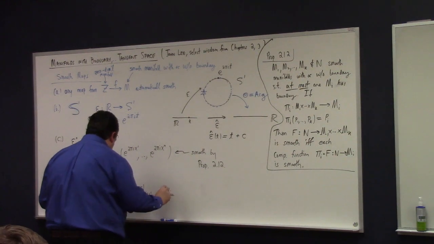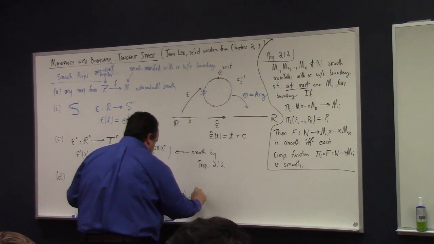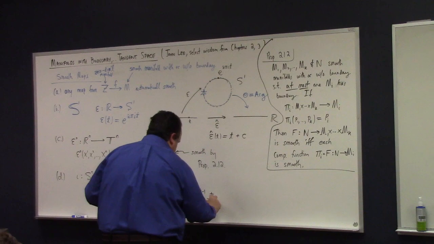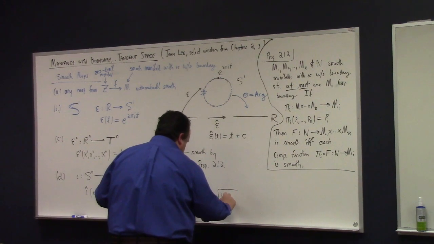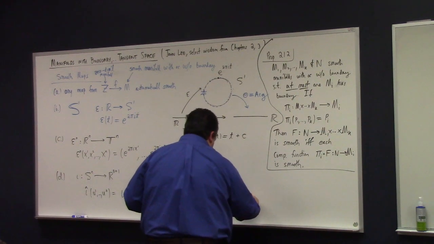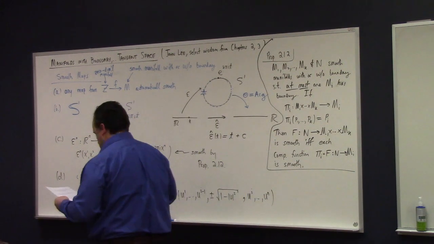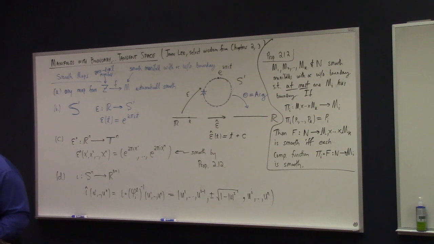So that is just equal to u1, through u(i-1), plus or minus the square root of 1 minus the length of u as a vector squared, of course, and then you've got u(i) through un. That is the local coordinate representative of the inclusion map of Sn into Rn+1. I could draw a similar picture to the one I already drew up there if it was helpful, but I don't necessarily think we need to.